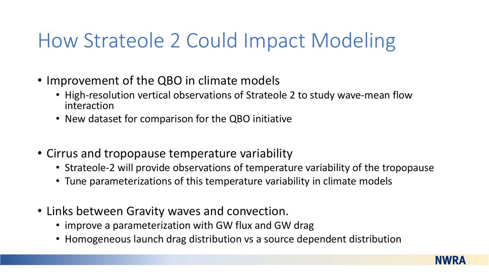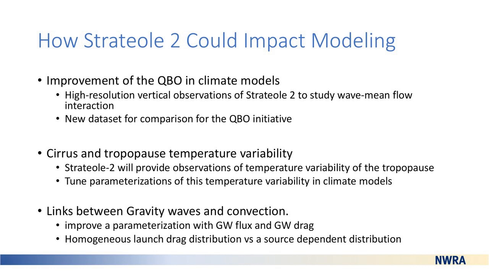Another process which would benefit from these observations will be the QBO representation in the climate models. Again, a key component here is the vertical representation of the Kelvin waves and the Rossby waves, which are essential drivers of the QBO in the equator region.